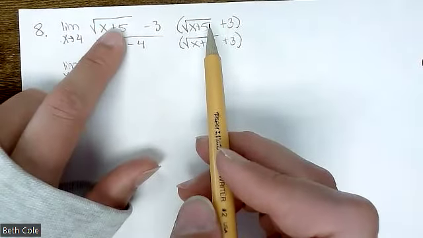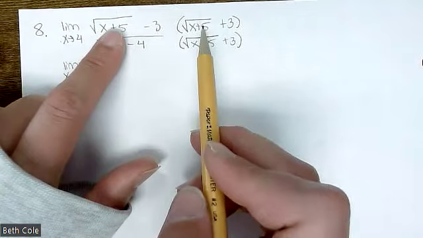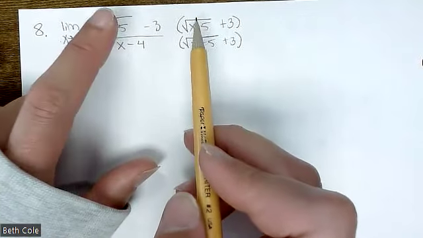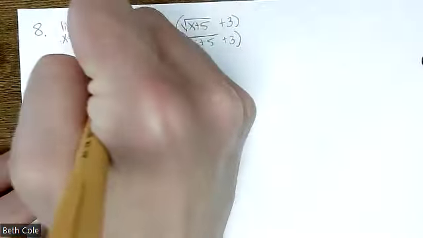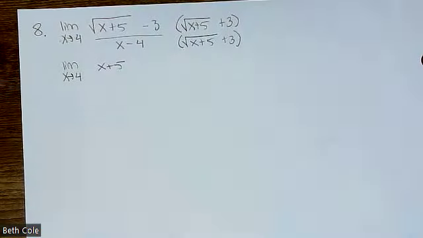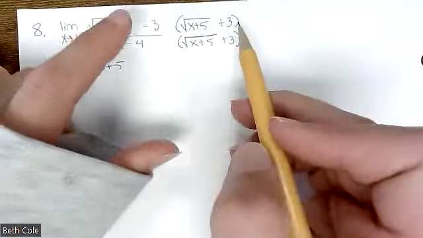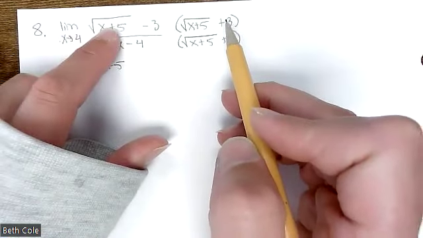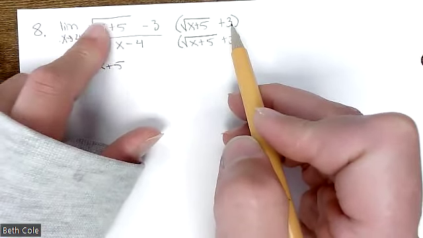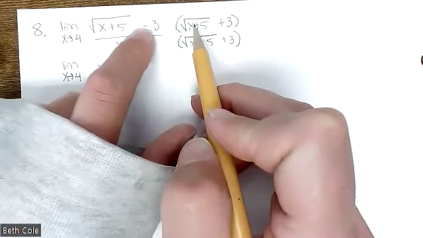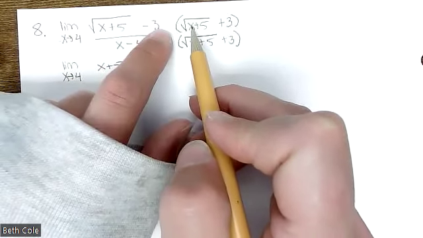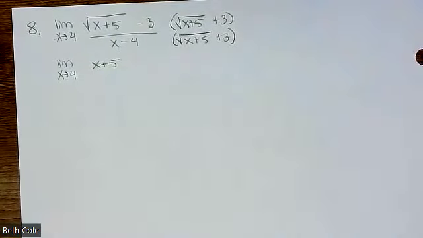Square root of x plus 5 times square root of x plus 5 would just be x plus 5. And that's the point, is that the roots cancel out. Now, when you do the outsides and the insides, you're going to get plus 3 square root of stuff. And then the insides are minus 3 square root of stuff. So those, I wouldn't even write them.